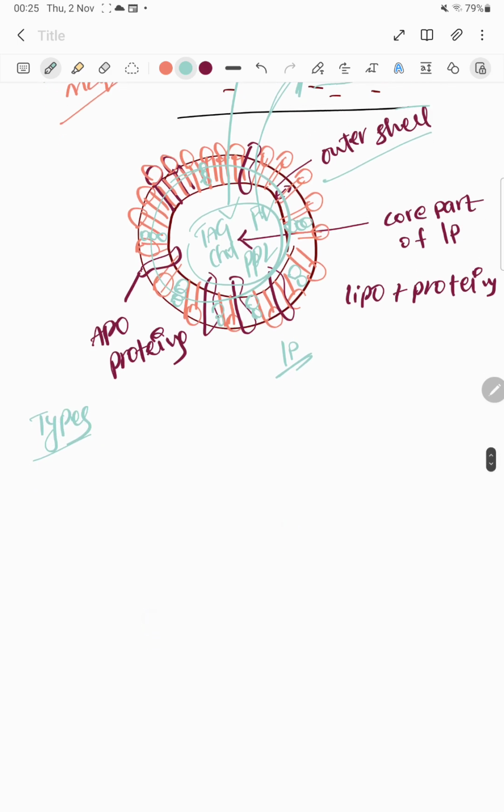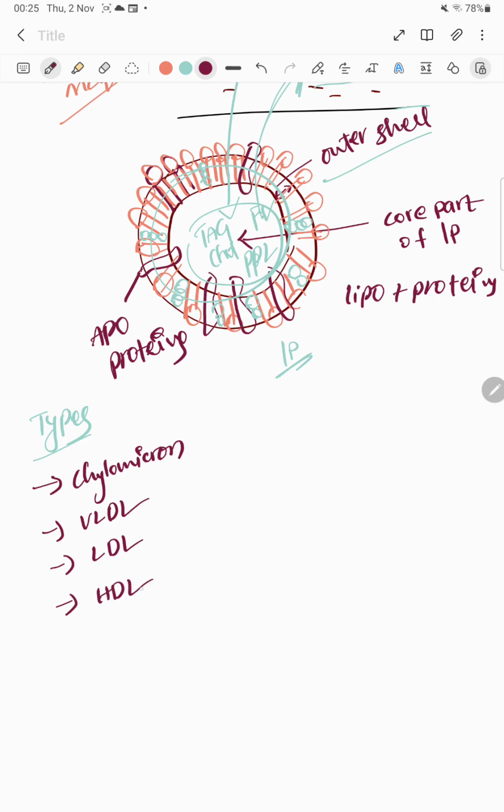We have 5 types of lipoproteins. The first one is chylomicron. Second one is VLDL. Third one is LDL. The fourth one is HDL.